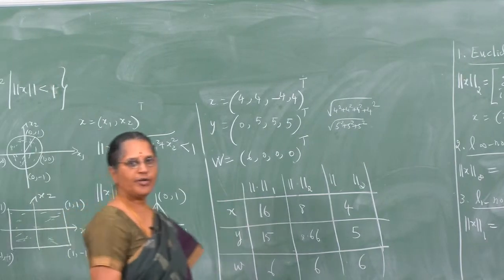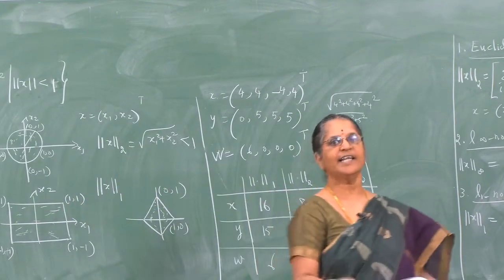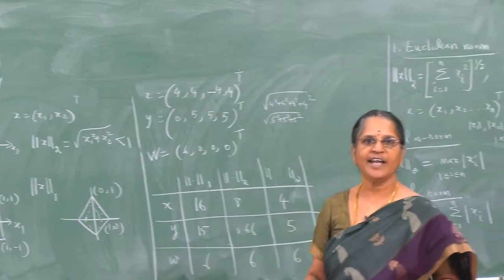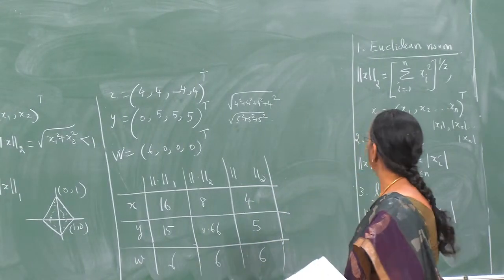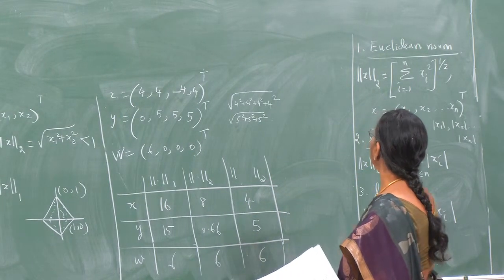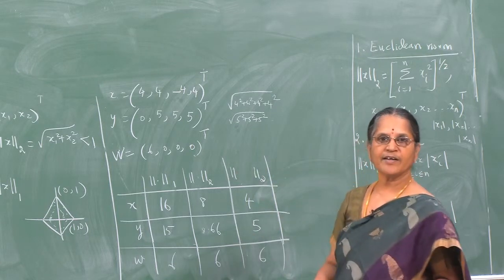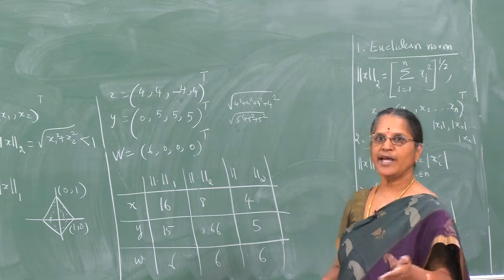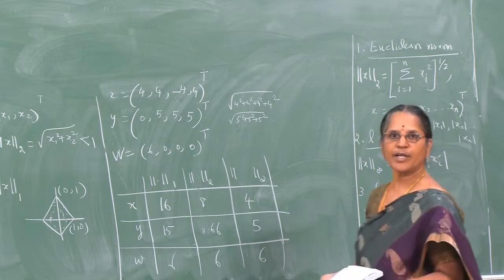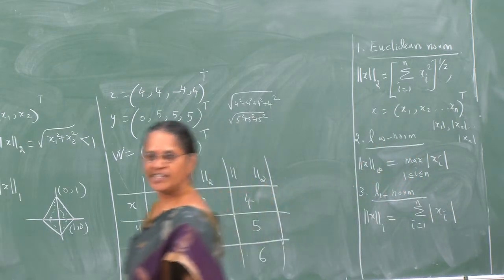So, now we know, given a vector x in Rn for any value of n, how to compute the norm of that vector with respect to either the Euclidean norm or the L1 norm or the L infinity norm.